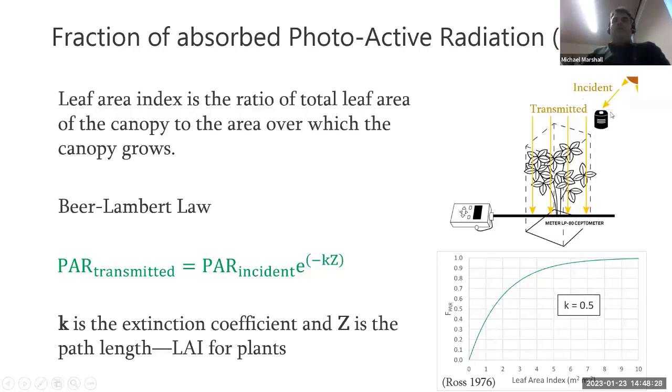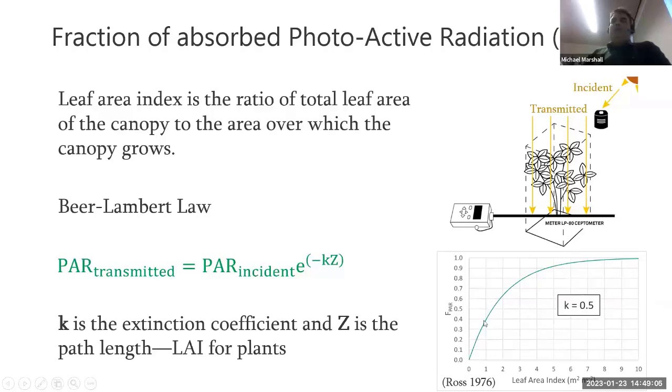This is the PAR or the light received by the sensor at the top of the canopy as a function, exponential function of this extinction coefficient K and Z, which is in our case the path length or leaf area index. So the leaf area index is essentially a two-dimensional measure of how much leaves, the area of the leaves in the canopy. And you can see this is illustrated here. There's a nice exponential relationship between leaf area index and fPAR as a function of the extinction coefficient.